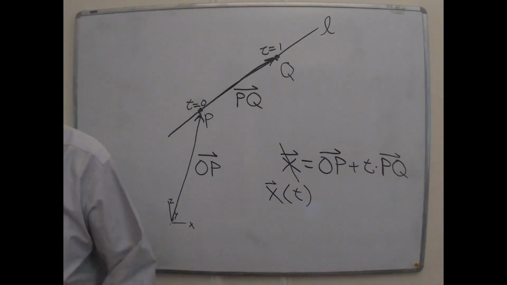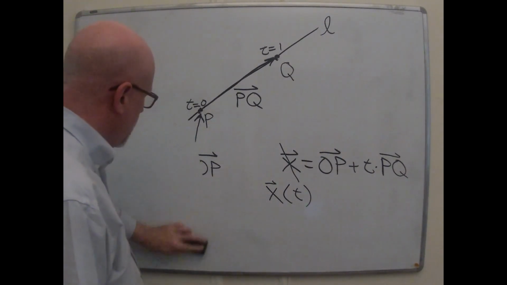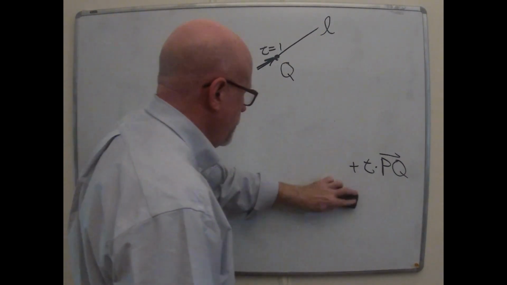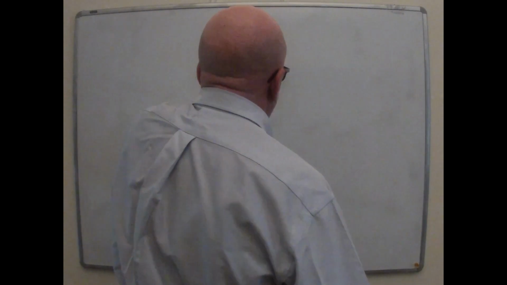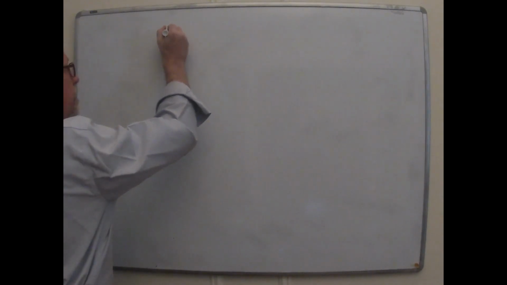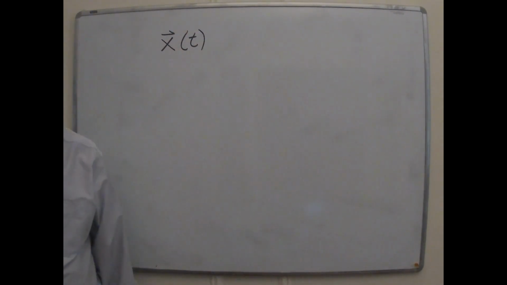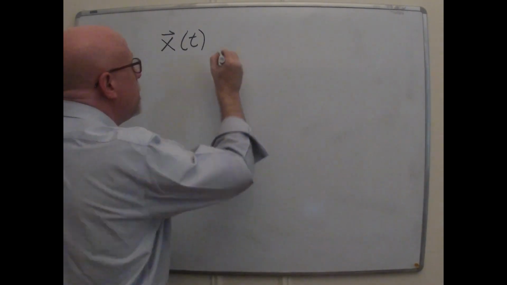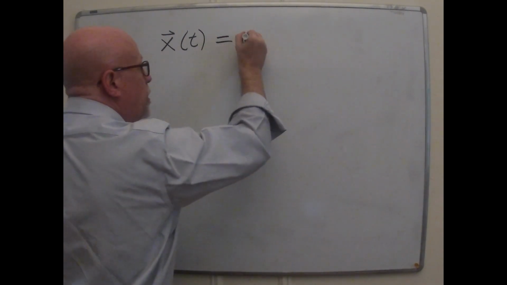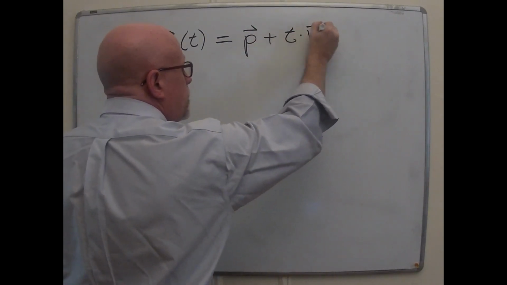So let's collect up some of these different ways of referring to the equation of a line. Taking the points out of the issue, you can say the function x of t that gives you a moving point along that line is some initial position vector plus t times some velocity vector.